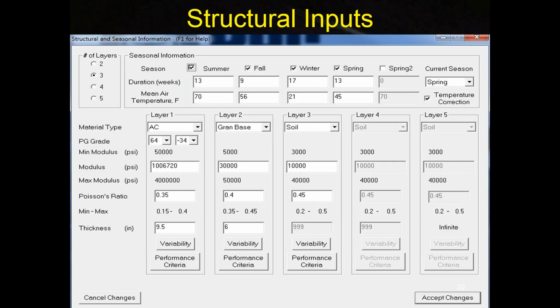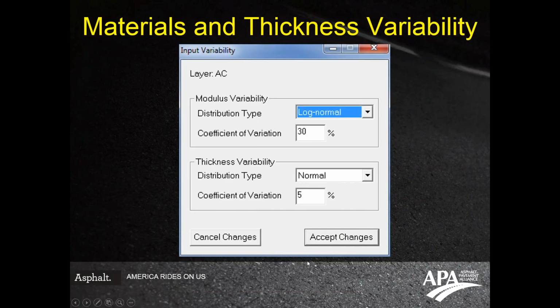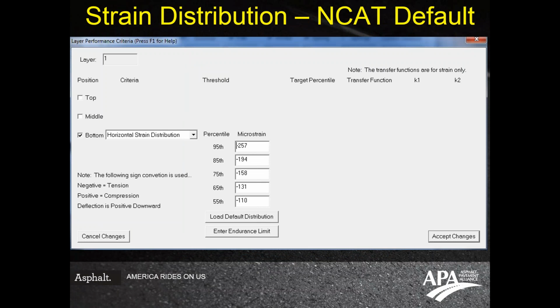Let me back up a couple here. If you click on the performance criteria button within any of the pavement layers, it brings you to the screen where you can define what those criteria are. What I've got shown in this screen capture is that we're controlling the horizontal strain distribution at the bottom of the AC.